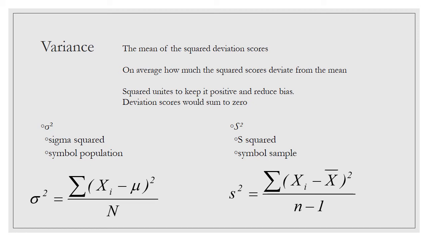We have squared units in order to keep things positive and also to reduce bias. We talk about our variance as that on average, it's how much a squared score deviates from the mean. If we didn't square these values, the deviation scores would sum to 0. So mathematically, we have to do something in the numerator.